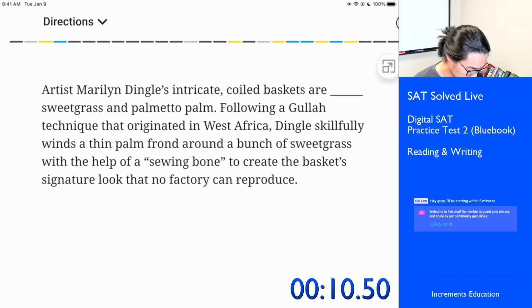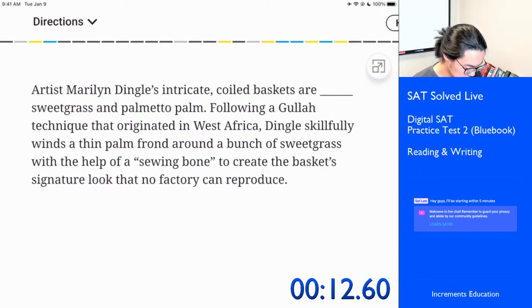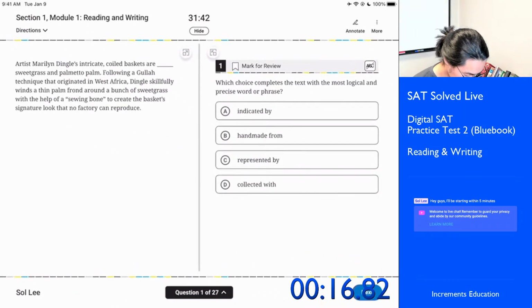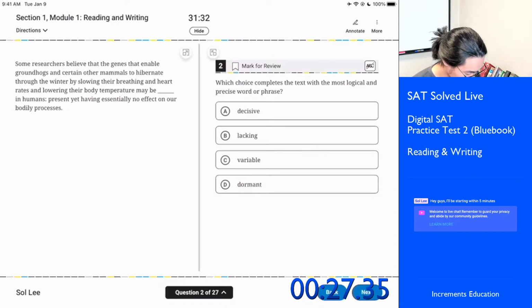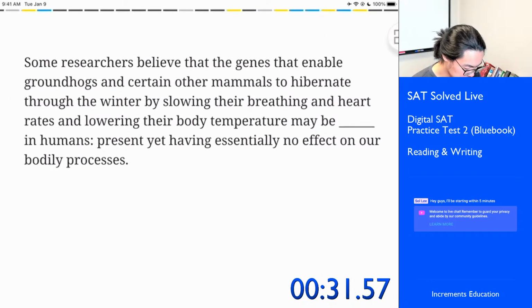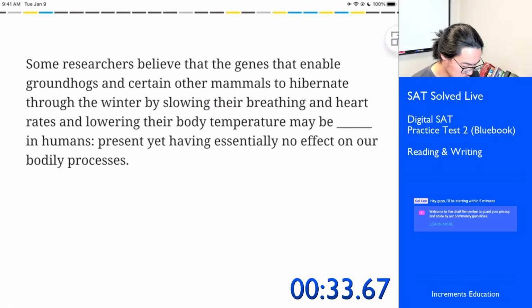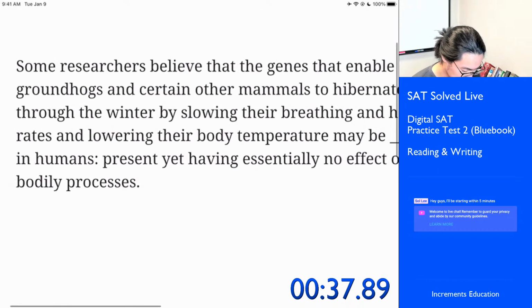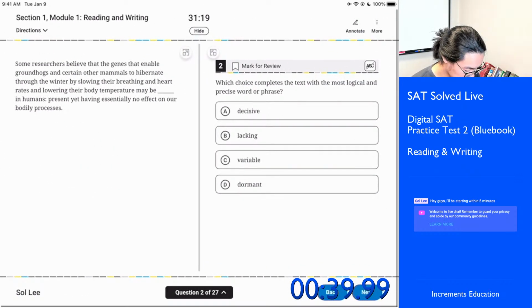Let me show you reading the thing. Artist Marilyn Dingle's intricate coil baskets are made of sweet grass she winds. Yeah, that was pretty easy. Number 2, believe that the genes that enable groundhogs and certain animals to hibernate may be present but not effective in any way.